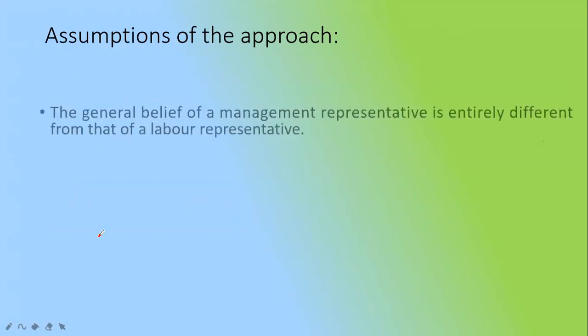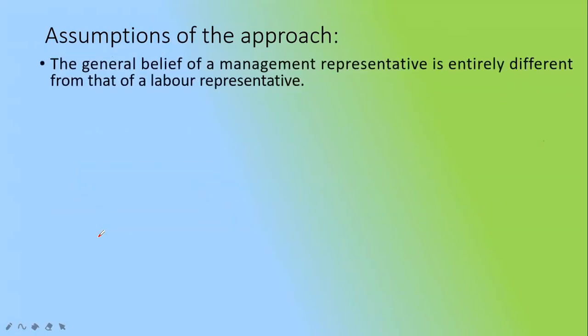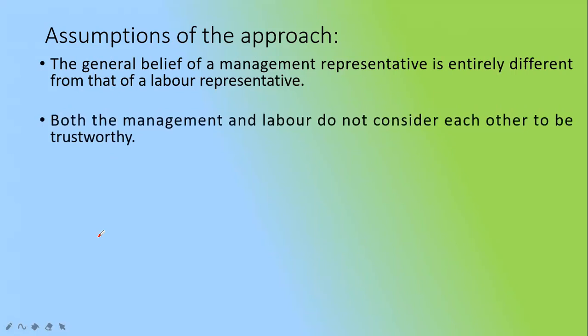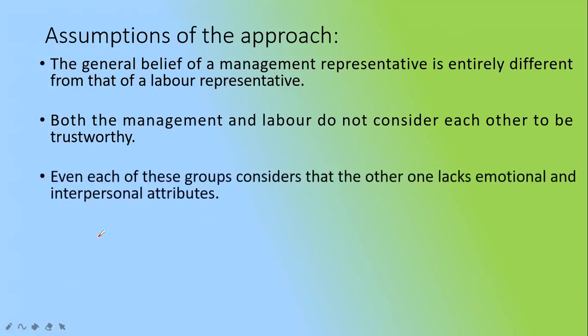There is an entirely different way of perceiving things. The general belief of the management representative is entirely different from that of a labor representative. Both labor and management do not consider each other trustworthy. Because of that, conflict arises.